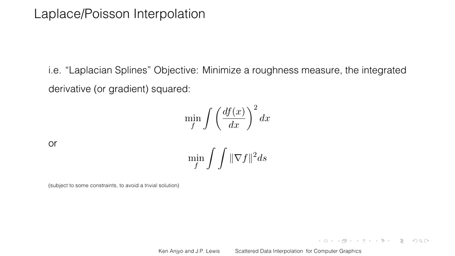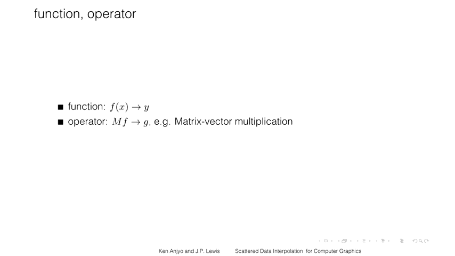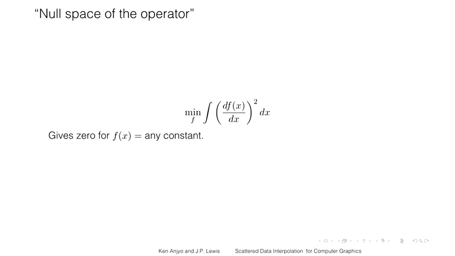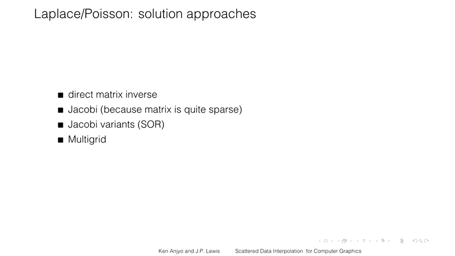And so that's going to come up in the theory section. So some solution approaches to this: you can discretize your differential operator, and then it becomes actually a matrix inverse. There's iterative techniques. There's multigrid, which works particularly well when your roughness is a derivative, which is usually the case.